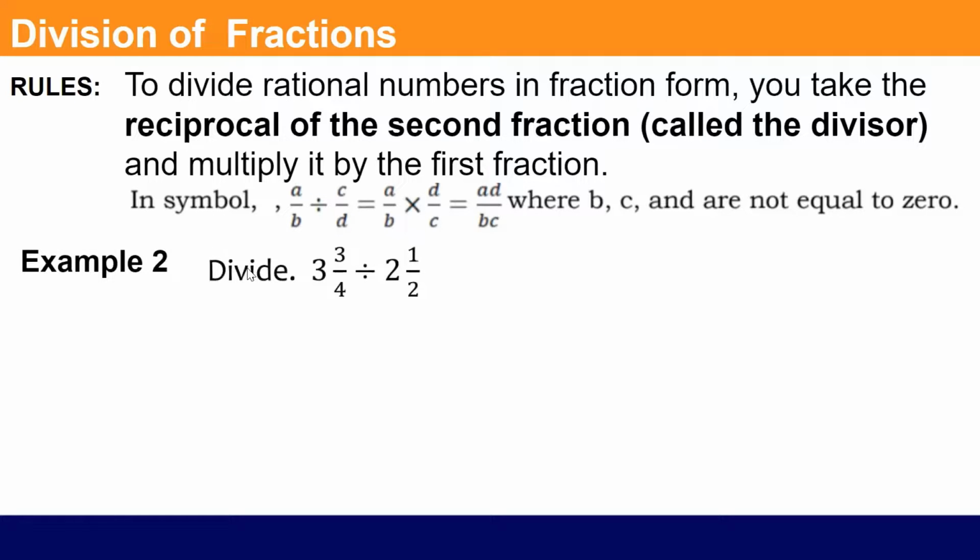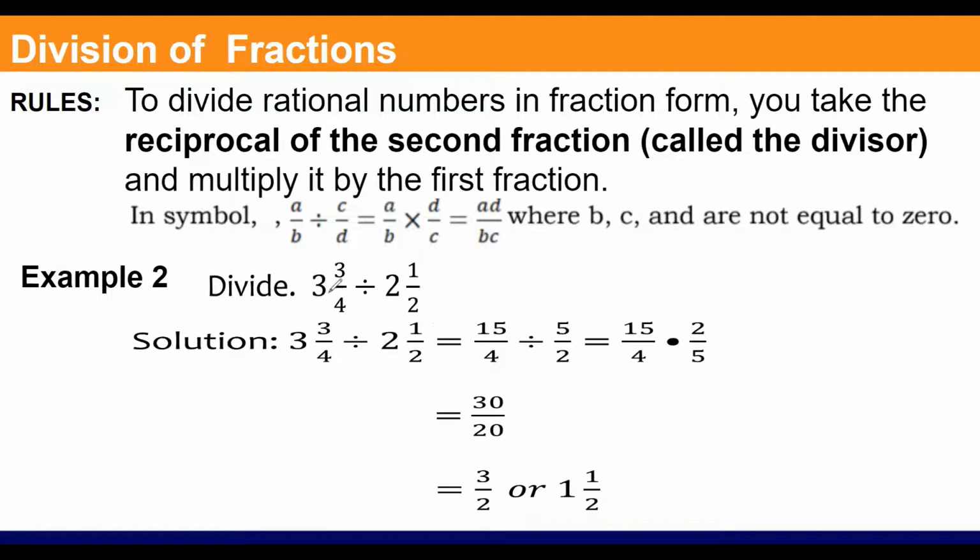Example 2. Divide 3 and 3/4 divided by 2 and 1/2. Okay, so for this, you have to get the improper fraction of the given mixed number. Okay, for example 2, divide 3 and 3/4 divided by 2 and 1/2. So, anong gagawin natin?